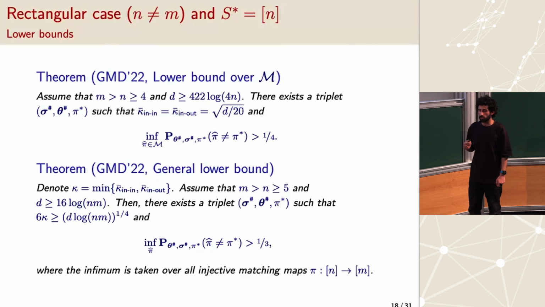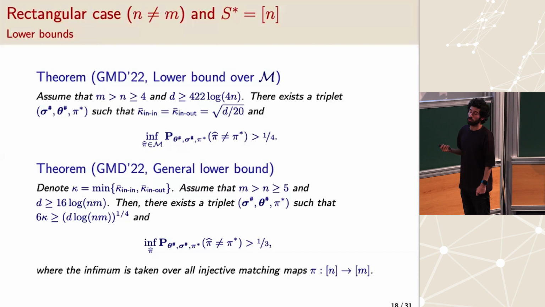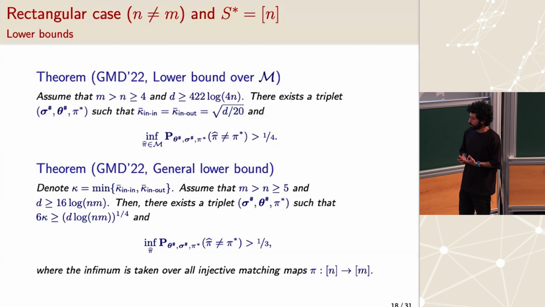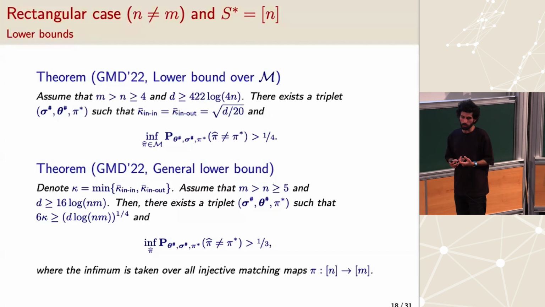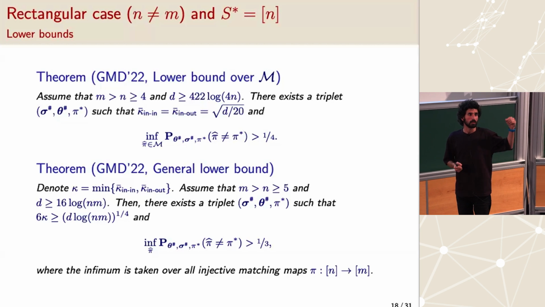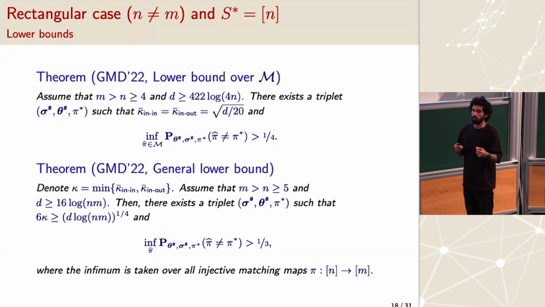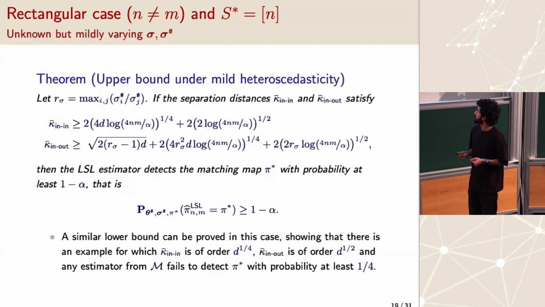In the lower bounds, what we played a lot with were the sigmas, the covariances, and in that case we make a case where the sigmas grow exponentially large, and then it becomes impossible to detect these matching maps.